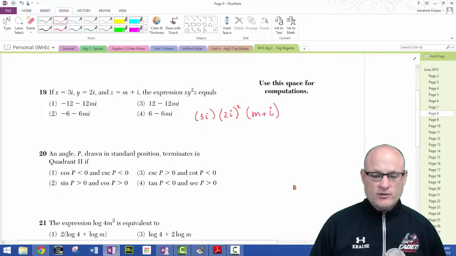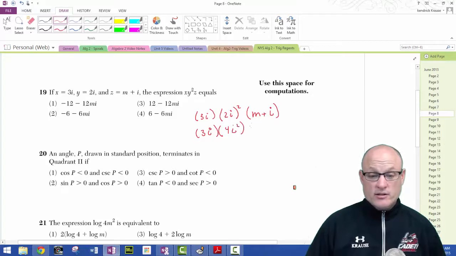All right. So not a lot to do here. This is 3i. This is 4i squared times m plus i. We're getting close. 4i squared is really -4 because i squared is -1. So this becomes -12i times m plus i.